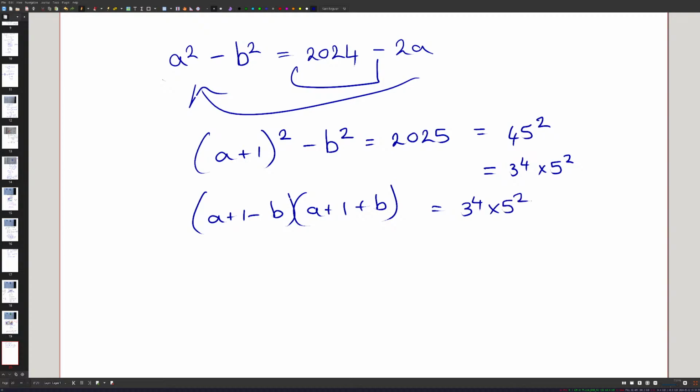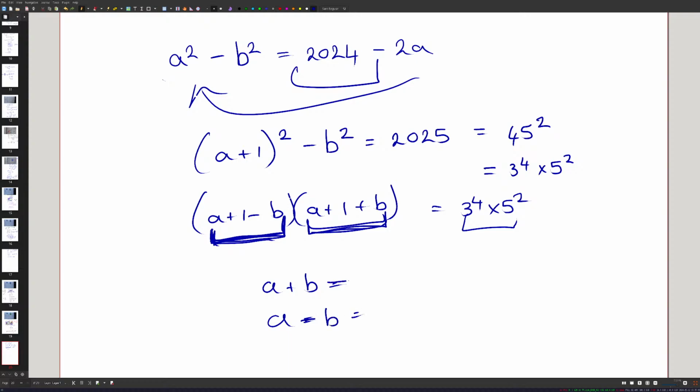And so these are just factors of this number, except that we want positive factors because this is positive. If a and b are positive, this is clearly the smaller of the two numbers. So in each pair of factors, the smaller number is equal to this bracket. The larger number is equal to this bracket. You'll be able to solve the equation because you'll get a plus b equals something and a minus b equals something.